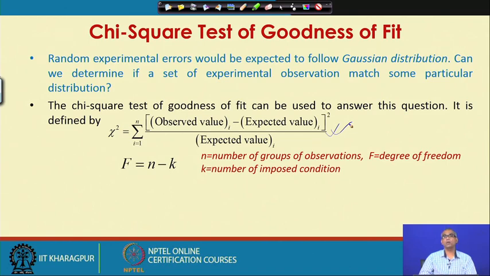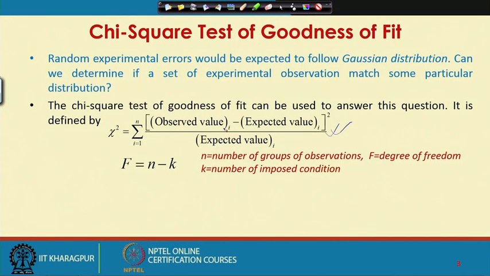Let us say you assume a normal distribution or some other distribution. So, you have an expected value for each observation, which follows the distribution that you have assumed for your data.